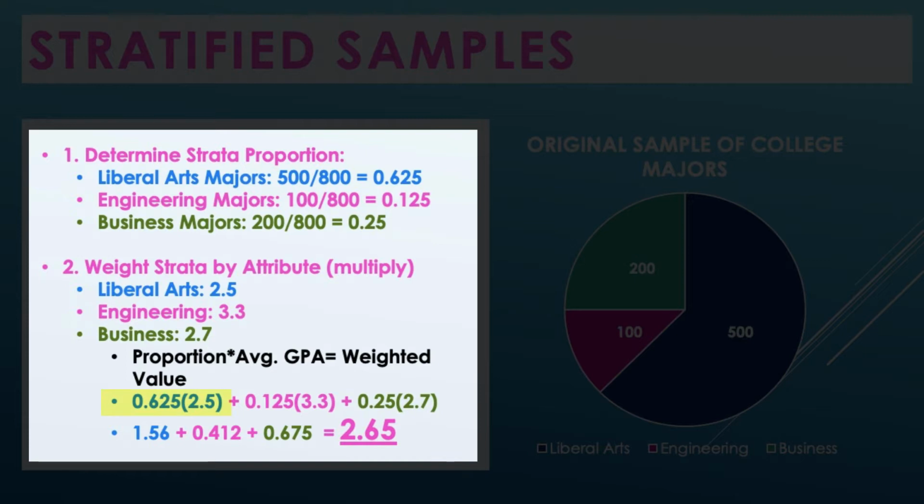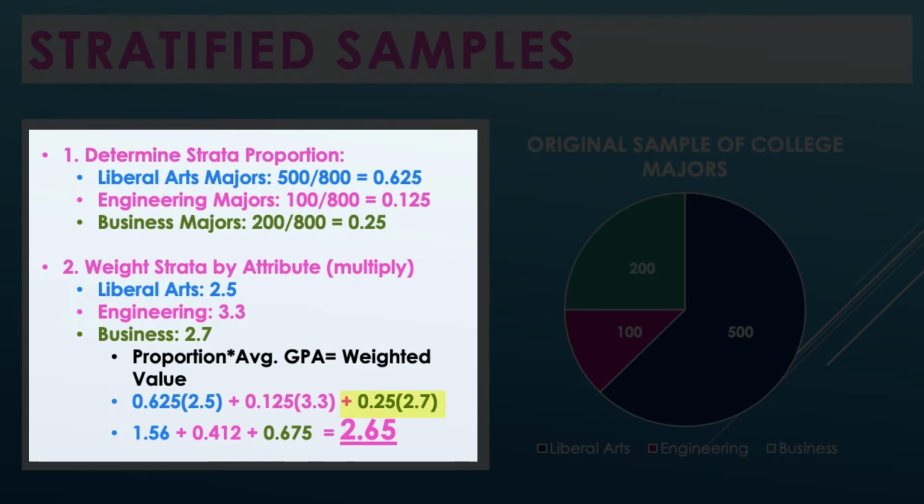We're going to do the same thing with the engineering majors. We know that engineering majors constitute 12%, 0.125. We're going to multiply that times their average GPA, 3.3. And then we're going to do the same thing with the business majors. We know that business majors constitute 25% of the total population, and we're going to multiply their average GPA, 2.7.